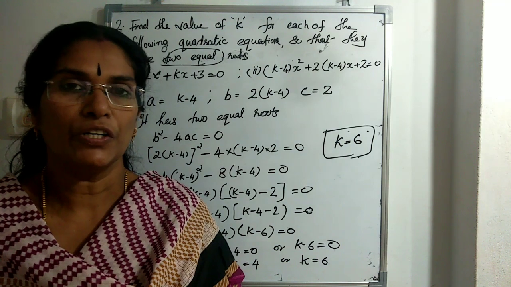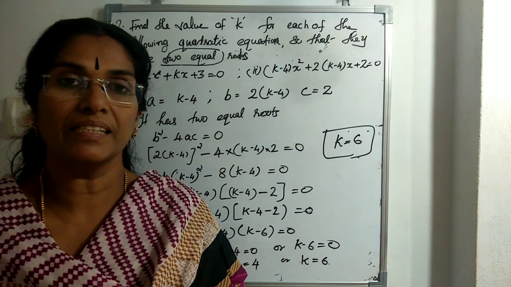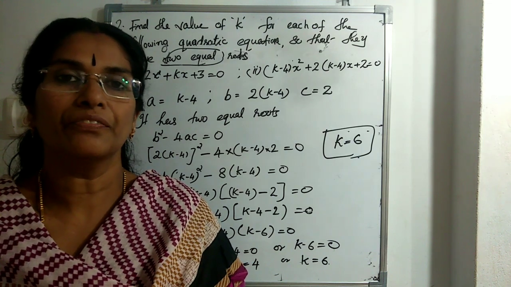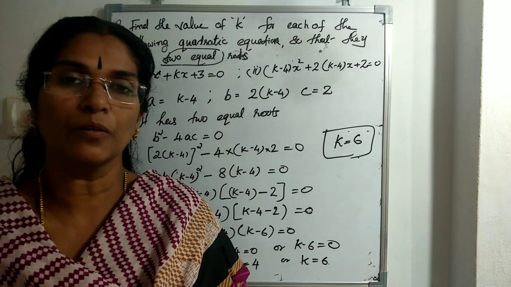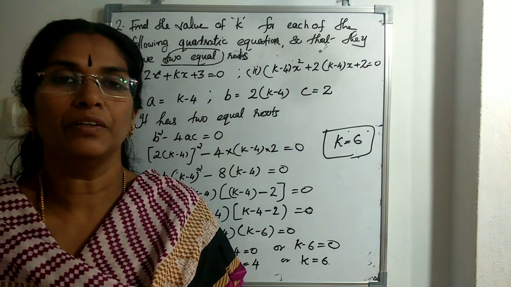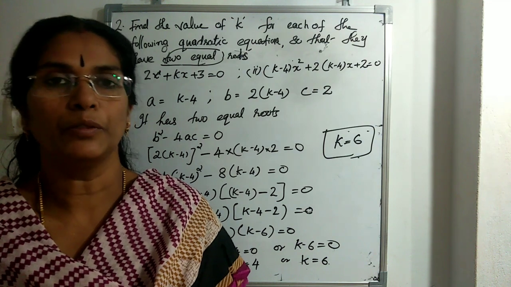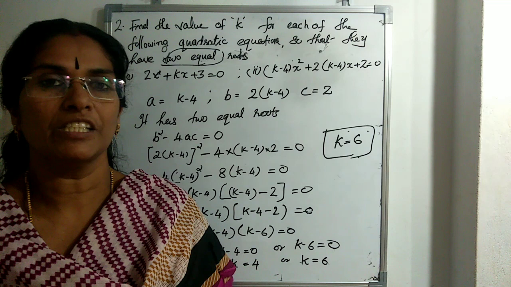Less than 0, no real root. Greater than 0, two real and distinct roots, two different roots we will get. And third one, b square minus 4ac equal to 0 means it is two equal roots. And we know the formula, which formula we have to apply there. Okay, study all these portions well.